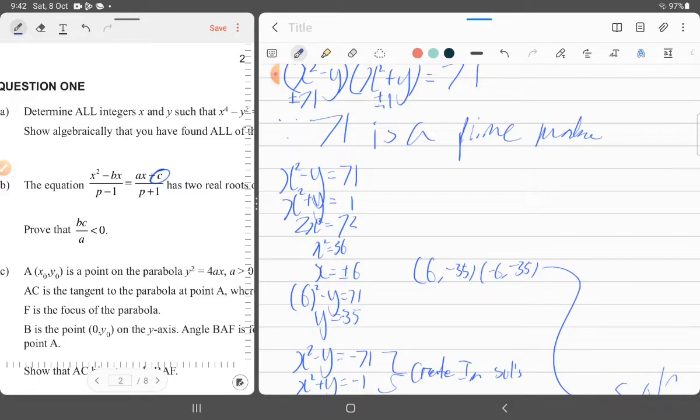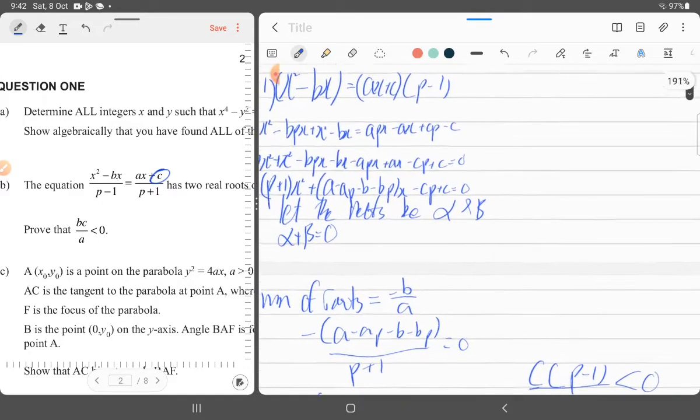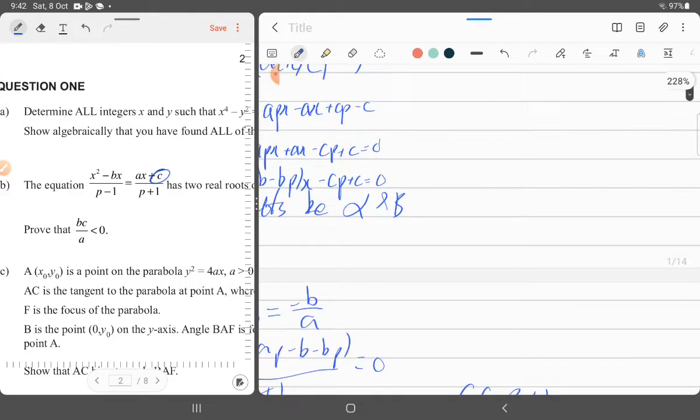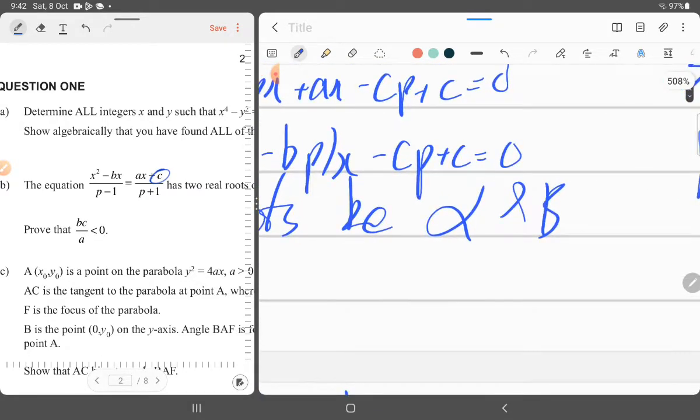Right, the sum of roots is equal to negative B over A, and the product of roots is equal to C over A. It's minus C brackets.